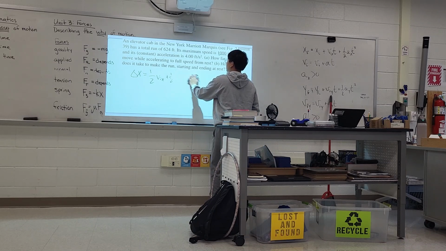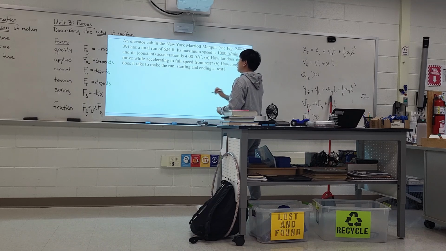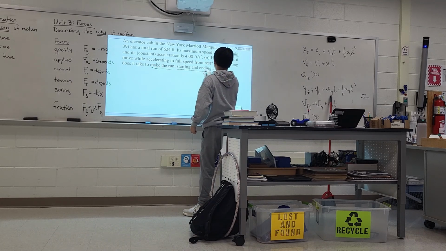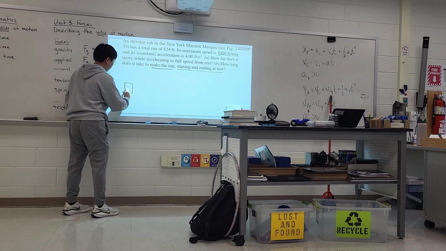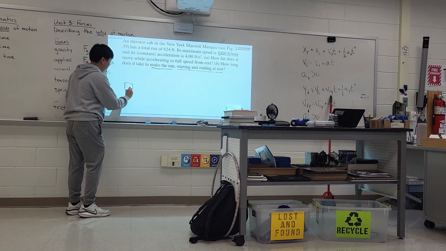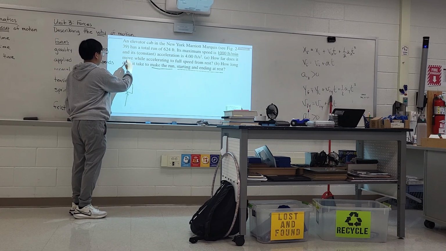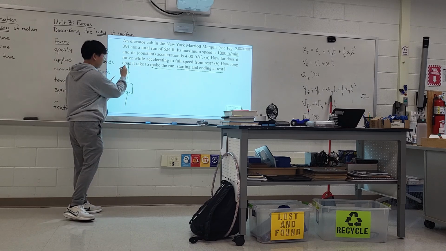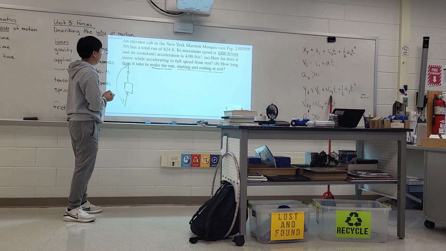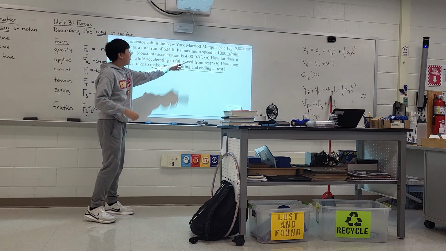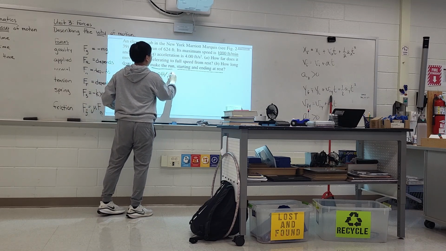Not too special, but the reason I chose this question was for part B, for how long does it take to make the run, starting and ending at rest. So the elevator has to accelerate to reach its constant speed, then it's constant, and then it eventually has to slow down, right? These two time intervals are equal, and acceleration equals 4.00 feet per second squared.